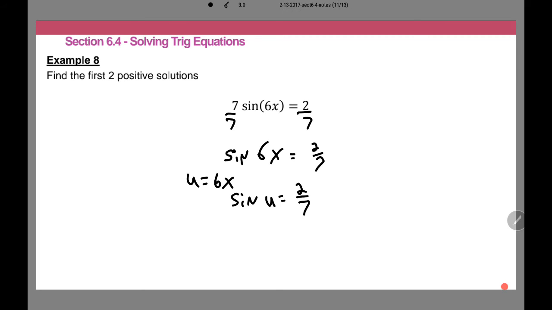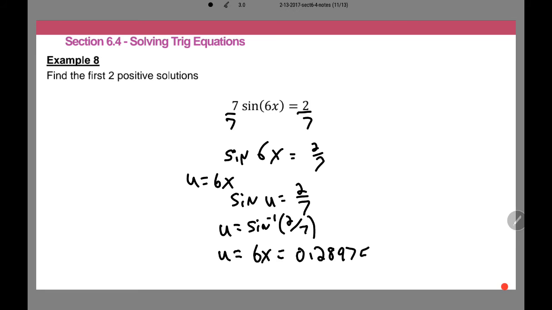Once we do that, we can do the inverse sine of 2 divided by 7. That means u, which equals 6x, equals 0.28975.